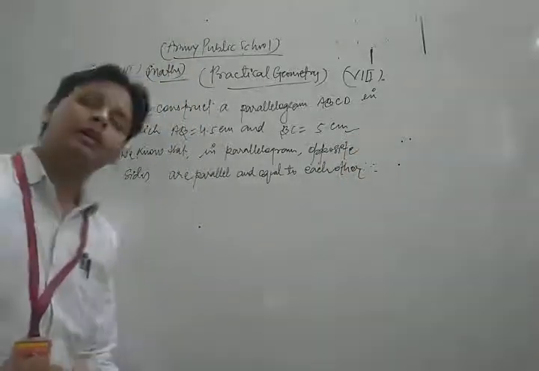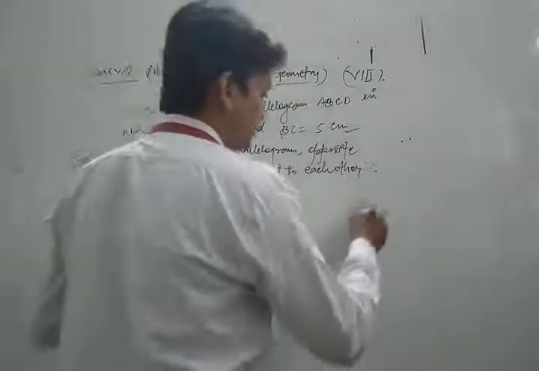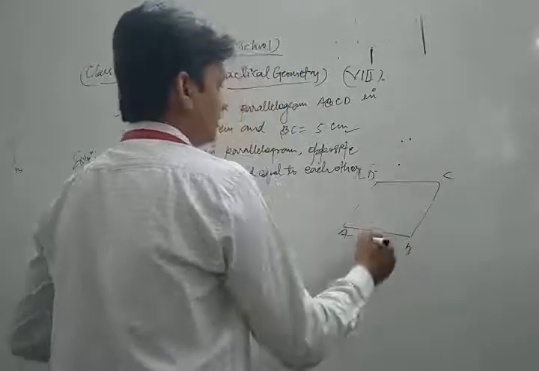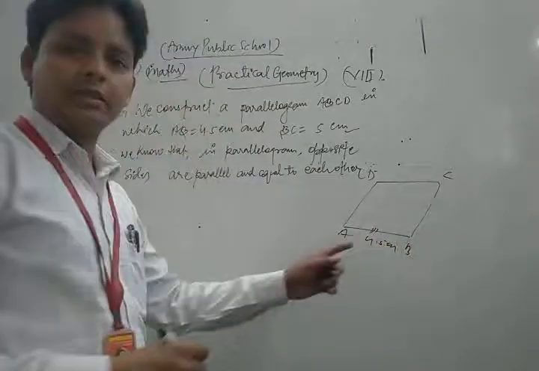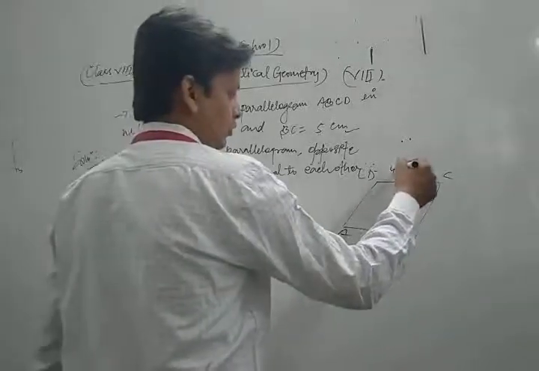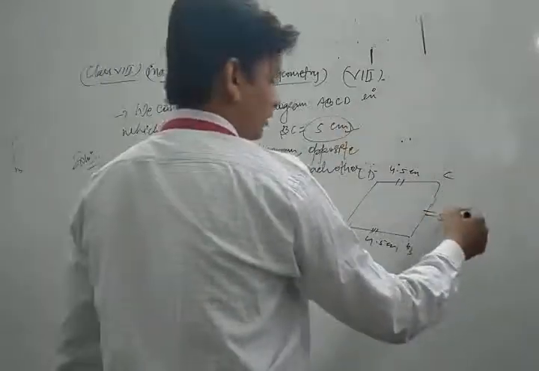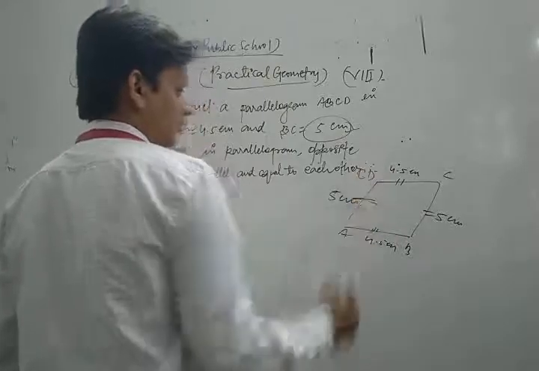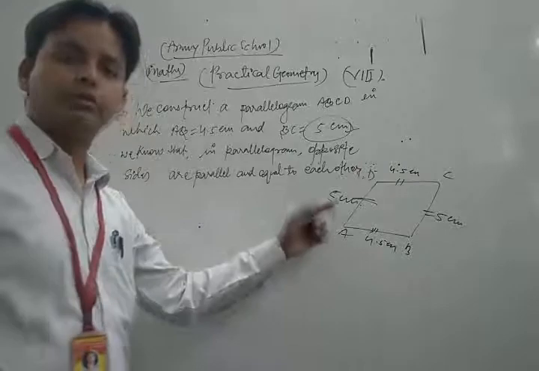Opposite sides are parallel and equal to what? Each other. So in this way, first of all, you draw the rough figure of parallelogram ABCD. So AB is equal to 4.5 centimeter. Opposite sides are parallel and equal, so the side CD is also equal to 4.5 centimeter. Same as BC is given as 5 centimeter, so AD is also 5 centimeter. So using that concept, you construct that parallelogram.